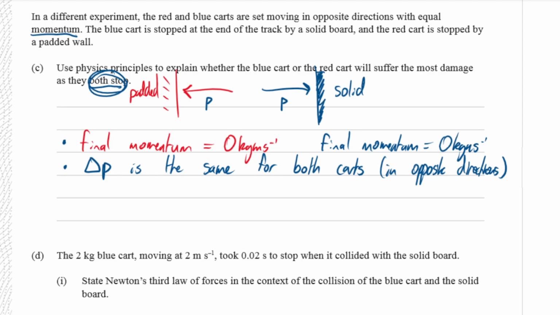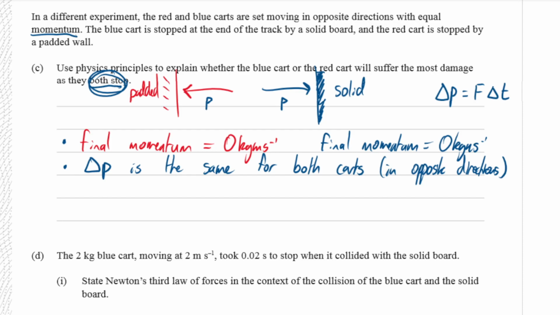Okay, what else? You'll recall change in momentum is sometimes called impulse, right? It's the same quantity, and it's the force acted on the object times the time of the collision.